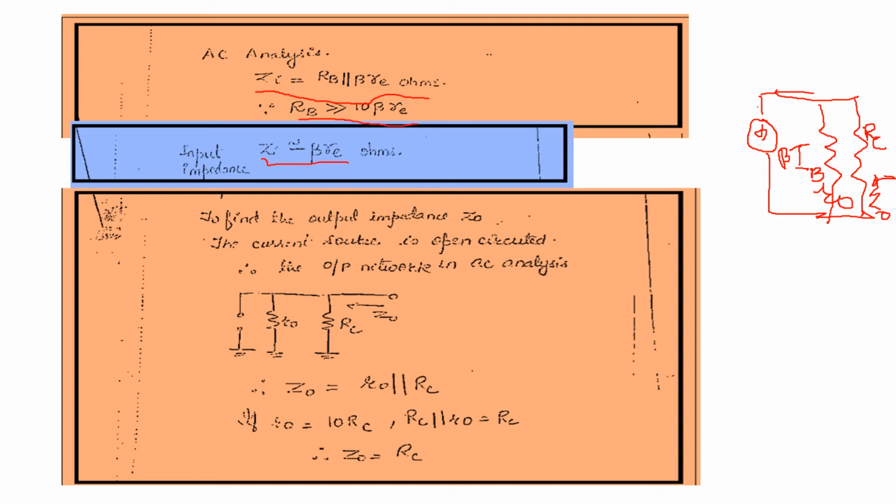This will be open circuit. That is why you get Z0 equal to R0 parallel RC. We consider R0 to be 10 times RC, so definitely Z0 will again reduce to RC.